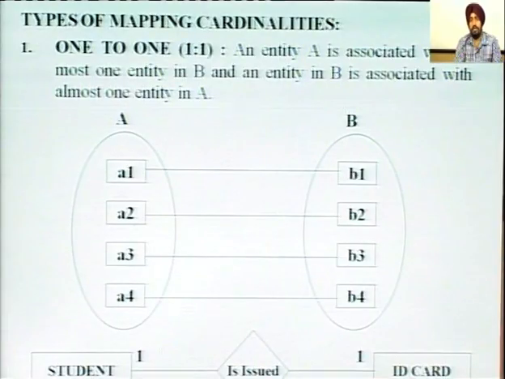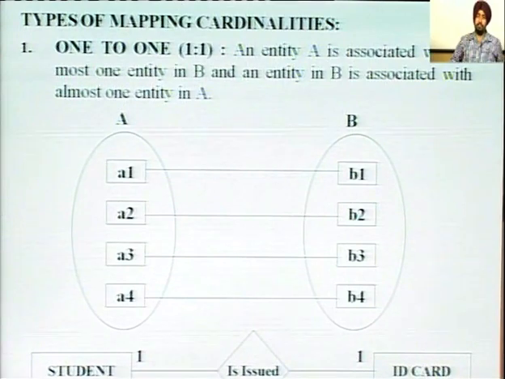Types of mapping cardinality: 1 to 1. An entity in A is associated with at most one entity in B, and an entity in B is associated with at most one entity in A. This is 1 to 1 mapping cardinality.